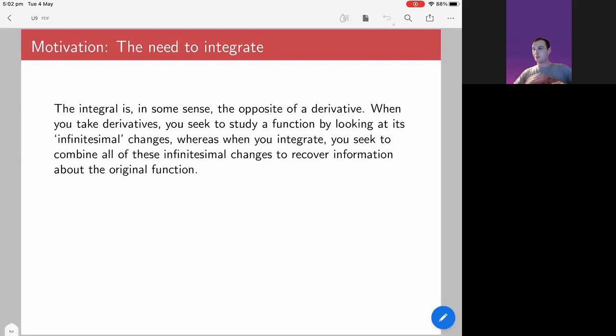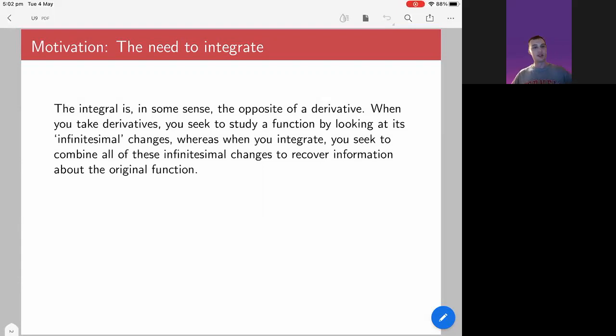So what do I mean by that? Well, at its core, the idea of the derivative is that you're trying to understand what a function is or how a function behaves by looking at its infinitesimal changes. So you pick a point, you look really, really closely at that point and see how much that function is changing, what its slope is. Its slope is meant to give you an idea about how quickly the function is growing at that particular point.